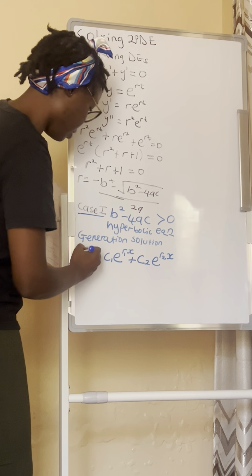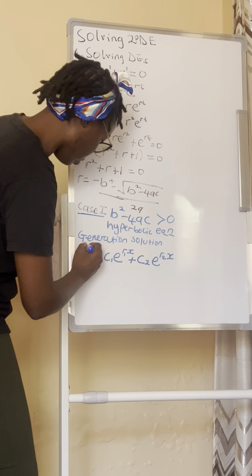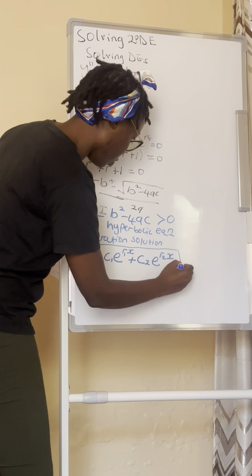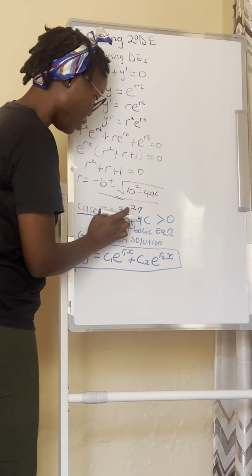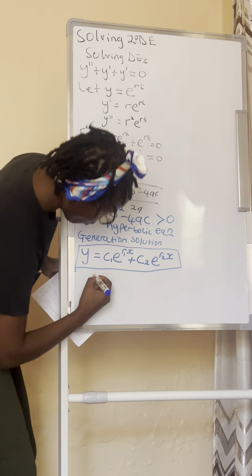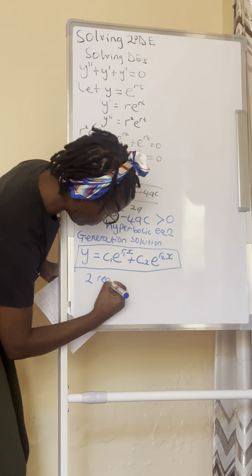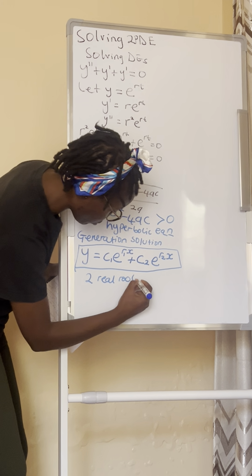This will be our general solution, because in this case of the hyperbolic equation, the discriminant is greater than 0, and we have two real roots.